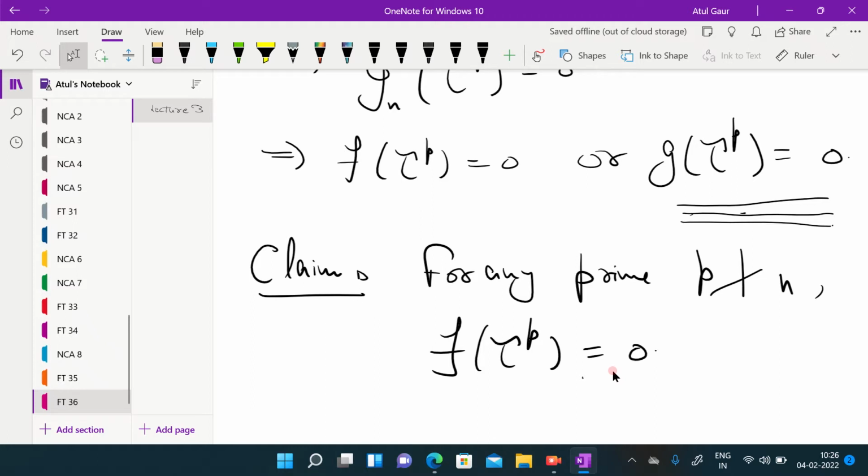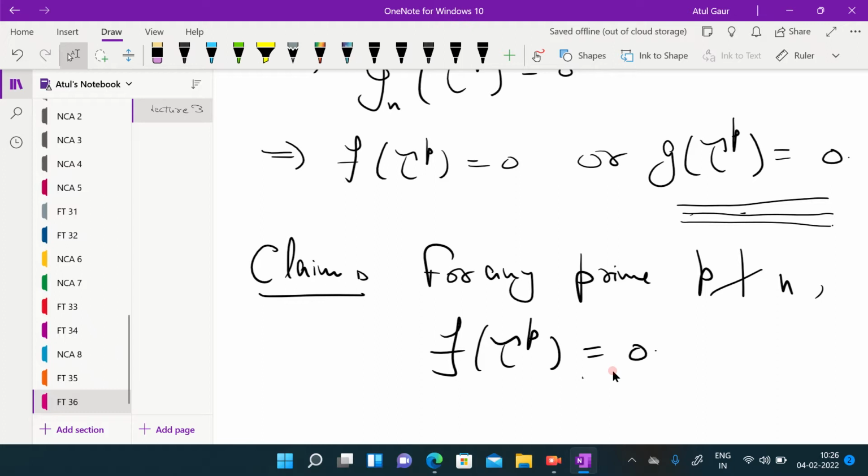Once I establish this, by repeated application of this, I can prove that f(τ^m) is also 0 for any m relatively prime to n. And once that is done, every primitive nth root of unity will be a root of f(x).